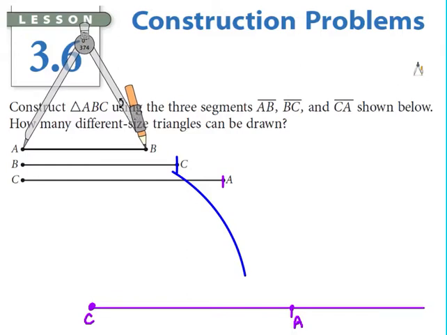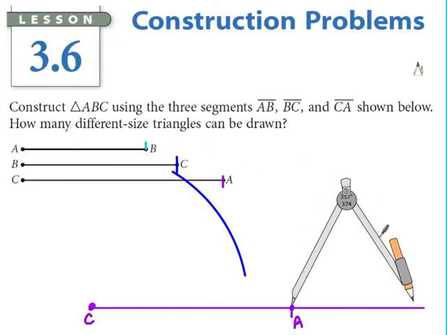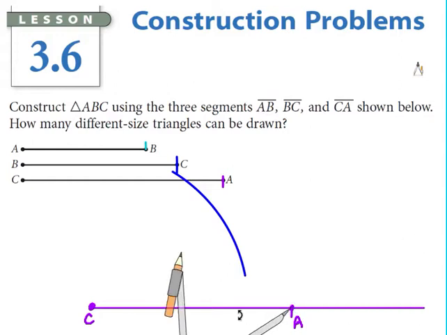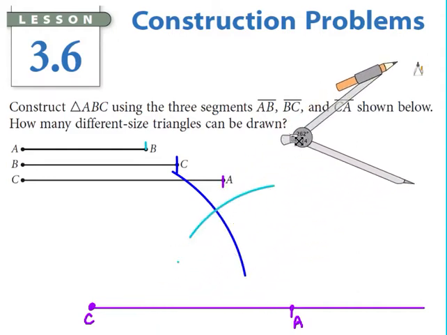Then I'm going to make another arc, and I'm going to start over here at point A. Okay, and so A is anywhere along that arc that's aqua. So where do you know they intersect? What point is that? That is point B.